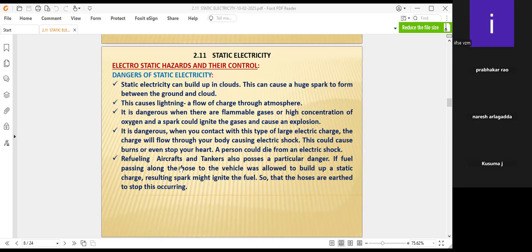For example, while transferring from the tank to the hose, and from the hose to the service tank, some static charge builds up, and the resulting spark might ignite the fuel, because it is a flammable liquid. So the hoses must be earthed properly to stop this occurring. When refueling aircraft and tankers, the hose pipe should be earthed properly so that ignition from the spark, igniting the fuel, is controlled.